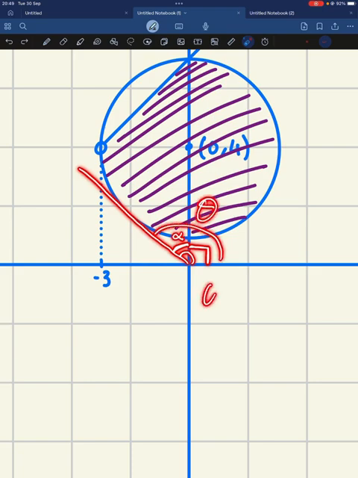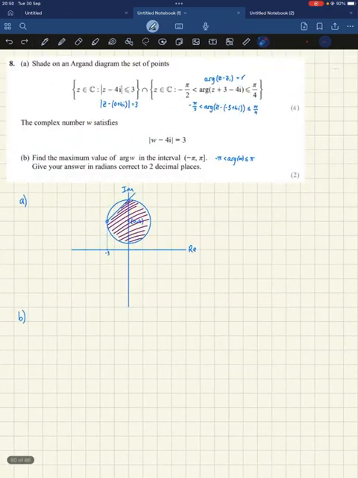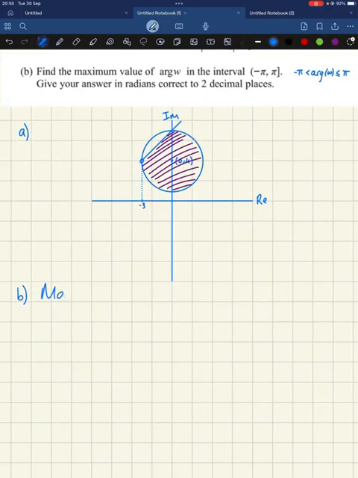If the whole thing is theta, we can say that theta is pi over 2 plus alpha. So the maximum argument of W is equal to pi over 2 plus alpha.